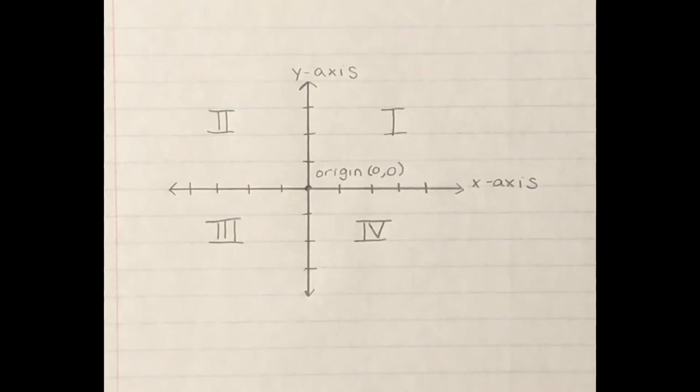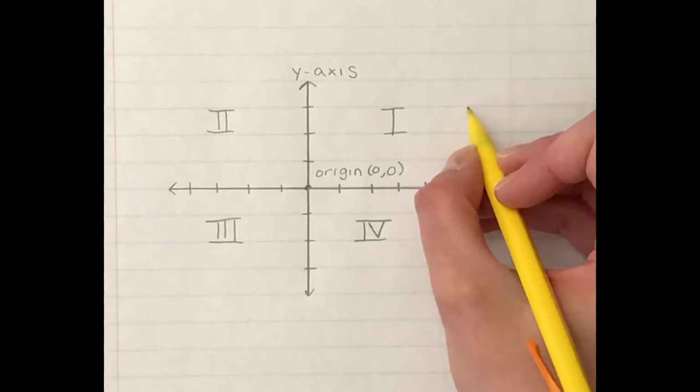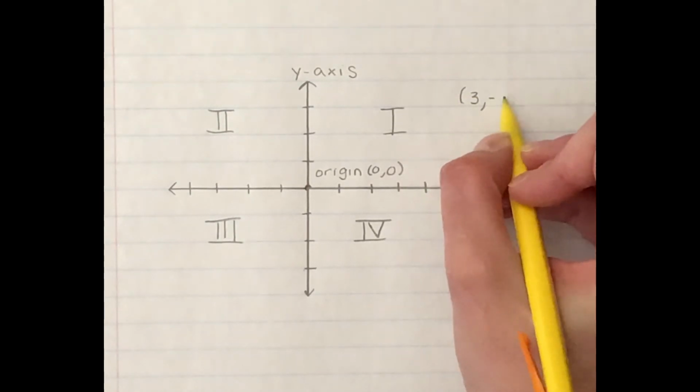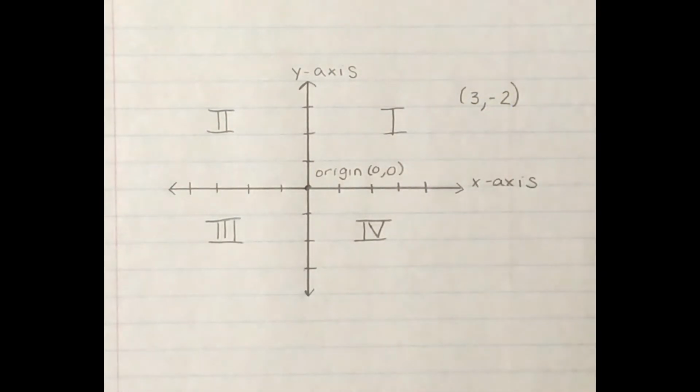The other thing I want to do a quick review on is how to plot a point, or what we call an ordered pair or a coordinate. They all mean the same thing. So if I wanted to plot, for example, the point 3, -2, I'm always going to start on the x-axis.